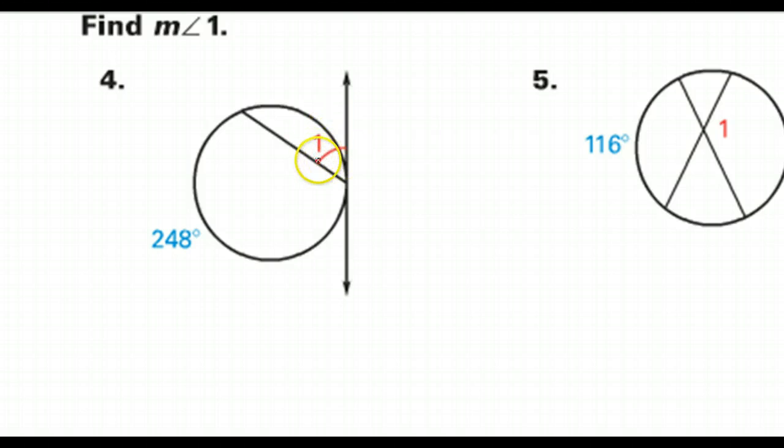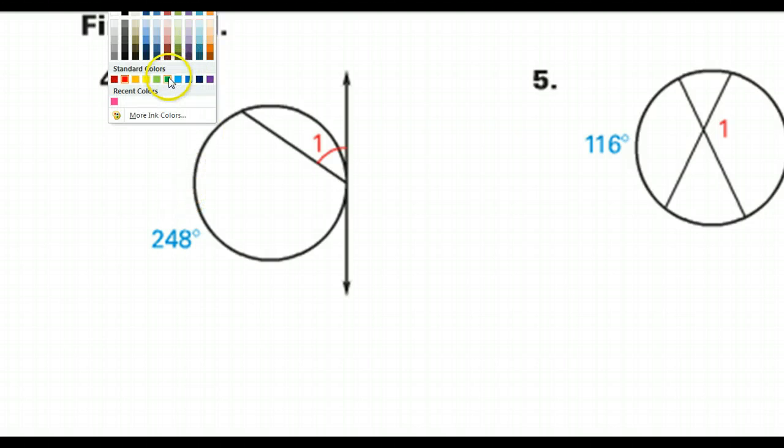We're trying to get over to angle 1. So to find angle 1, it would be helpful to know the arc that's intercepted by that particular angle. So if I want to find that arc over there, I will subtract from 360.